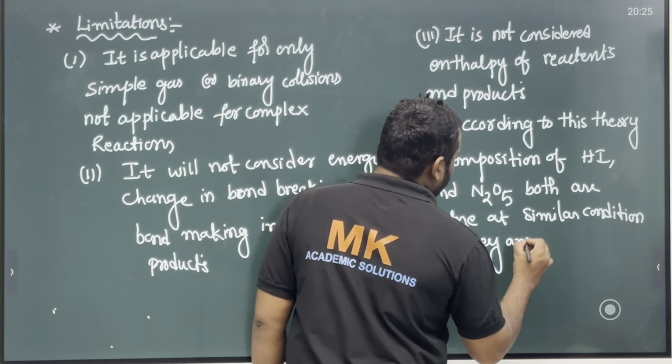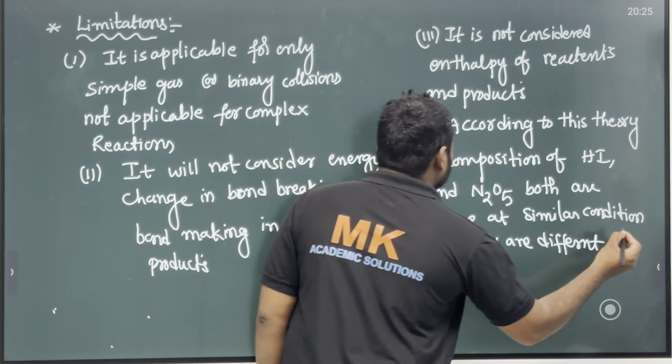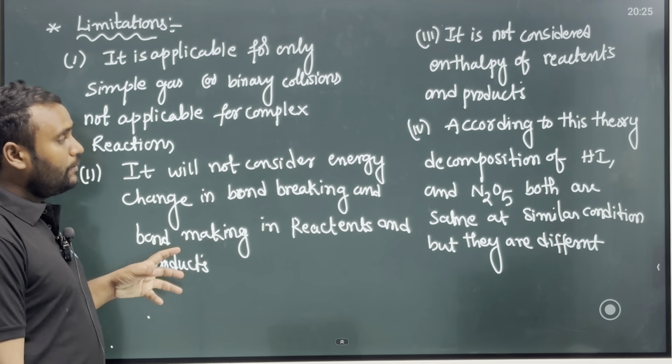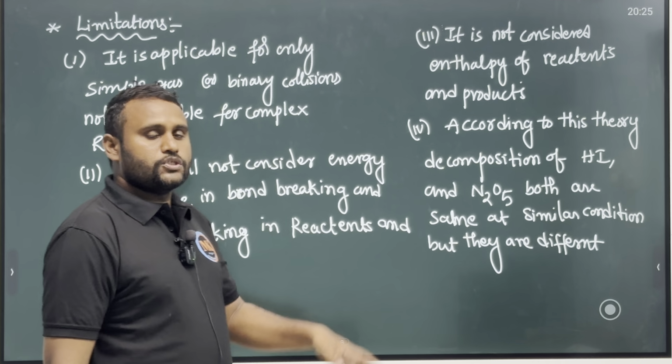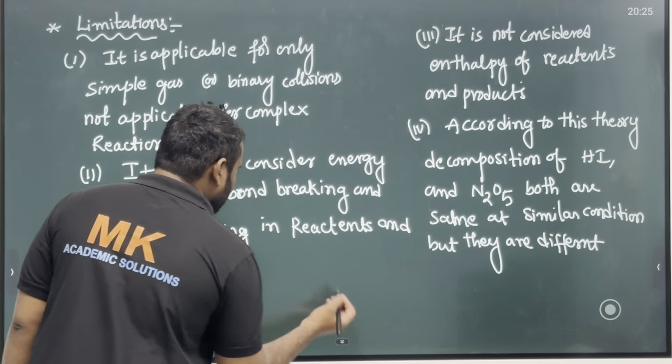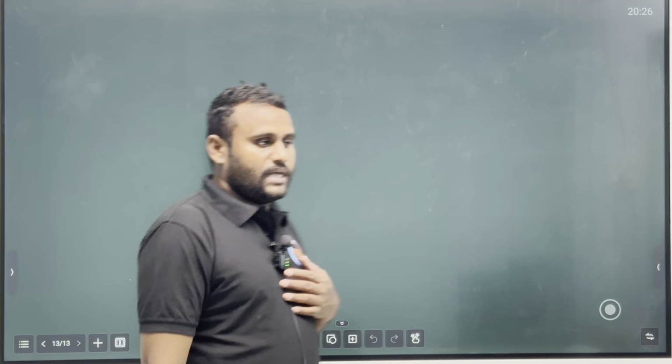So these are the limitations of which theory? Collision theory. Okay, next we have which theory? Transition state theory. Next we will see the transition state theory.